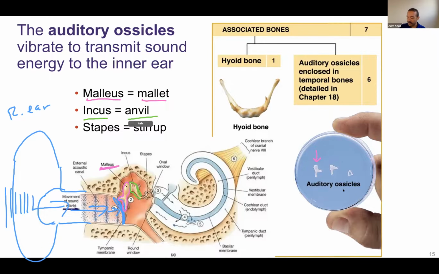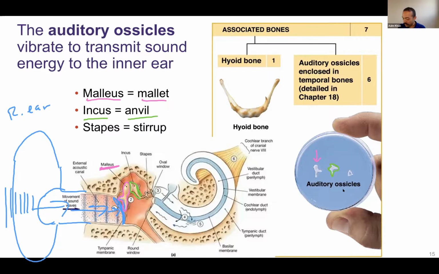If you ever watch those Looney Tunes cartoons, an anvil is like what drops on Wile E. Coyote. Or if you watch Game of Thrones or some show where they're forging a sword, an anvil is a place where you put hot metal and hammer things out. Anyways, that's an anvil shape. The incus is an intermediate bone. It's anvil shaped.